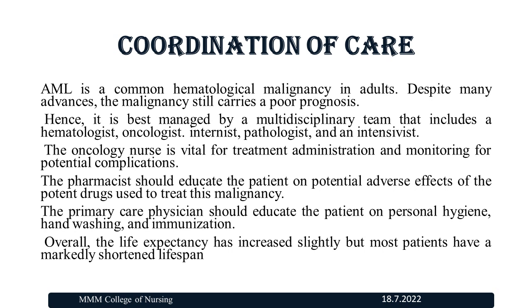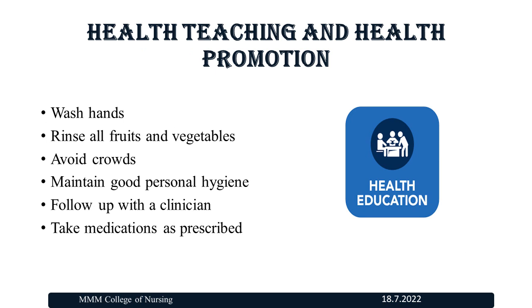The oncology nurse is vital for treatment administration and monitoring for potential complications. The pharmacist should educate the patients on potential adverse effects of the potent drugs used to treat these malignancies. The primary care physician should educate the patient on personal hygiene, hand washing, and immunization. Overall, life expectancy has increased slightly, but most patients have a markedly shortened lifespan.